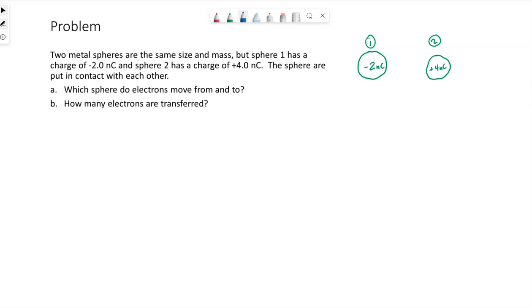When they are brought in contact, because they are metal, they're good conductors, this contact allows the valence electrons, the outside electrons, to move around. Now, they're going to move until an equilibrium has been reached. We call that an electrostatic equilibrium.